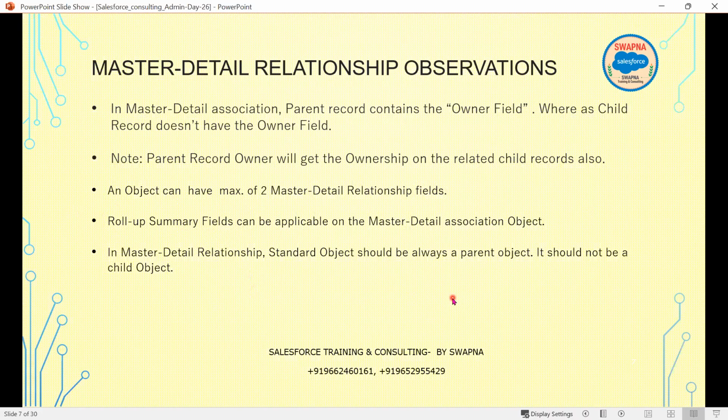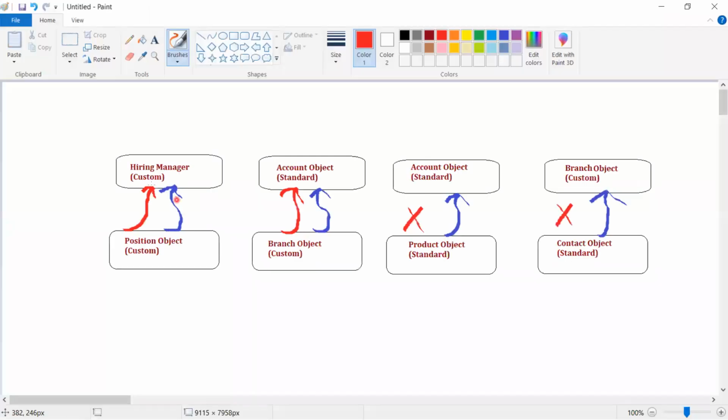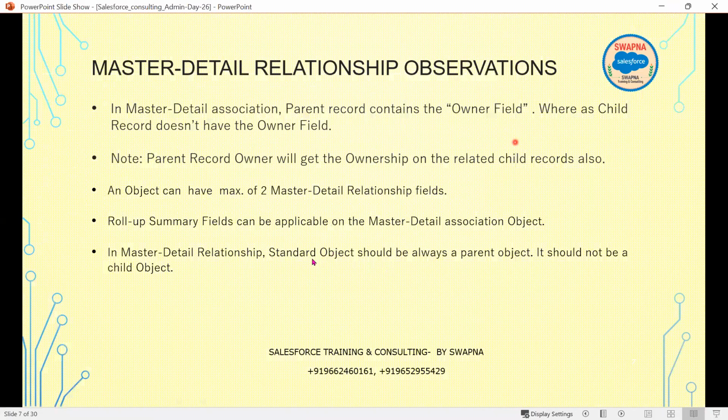Now, in master detail relationship, as I explained last time, if my child object is a standard object, then we cannot implement a master detail relationship. We can implement it only when the child is a custom object. So a standard object should always be a parent. It should not be a child object.